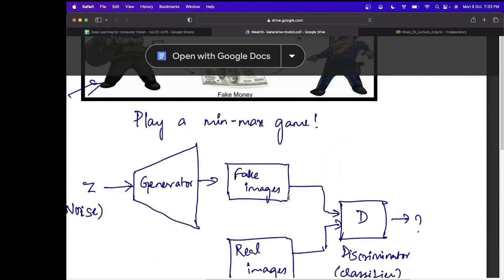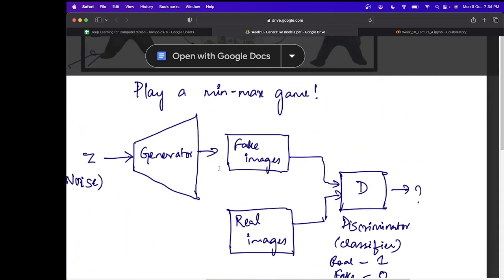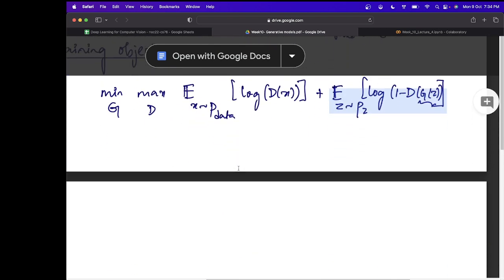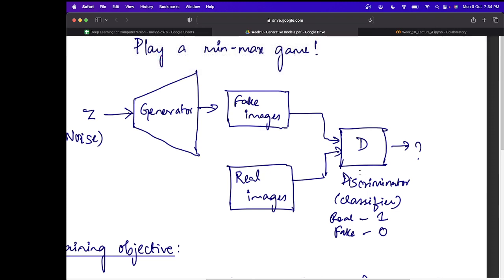This is how, through a game, you are learning. What is your end goal, by the way? The end goal is that given this generator, you want to learn such a good mapping from this latent noise vector to the image space that the images are of very good quality. They are as realistic as possible, such that the discriminator is completely fooled.